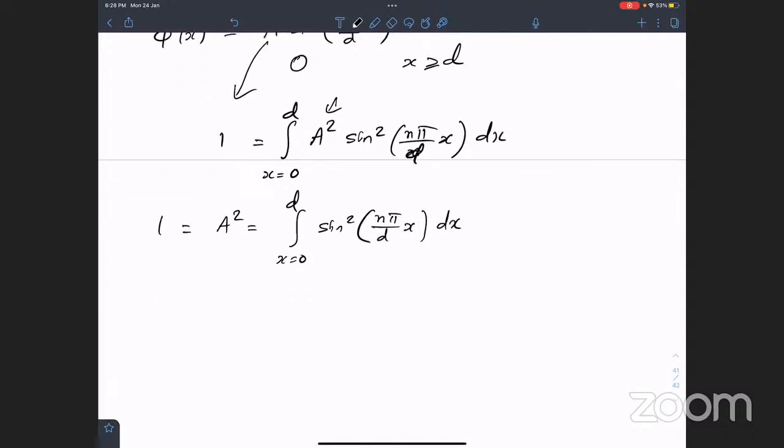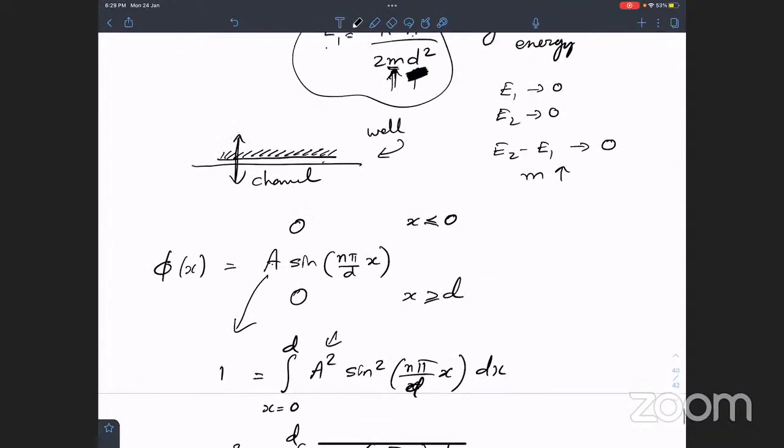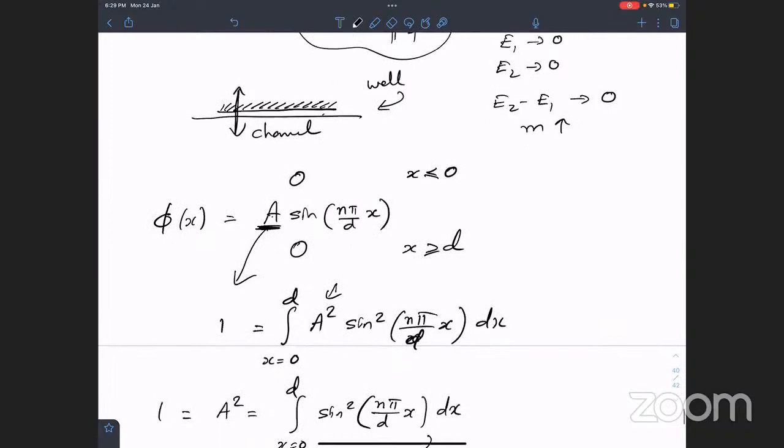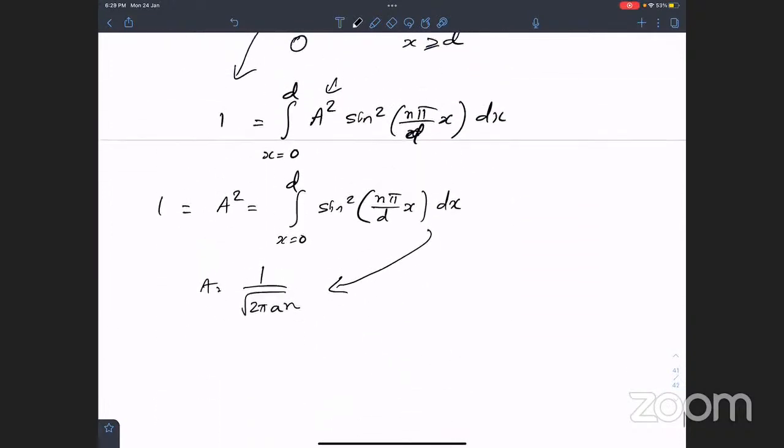If you do it, I think it will come out to be something like root of 2 by D. There may be an n also, so please do an exact version. That is what I mean by doing normalization. So that's done, but more important are all the other things that we have discovered.